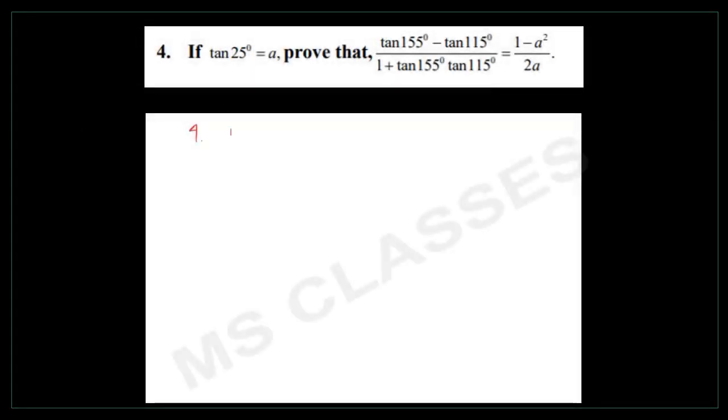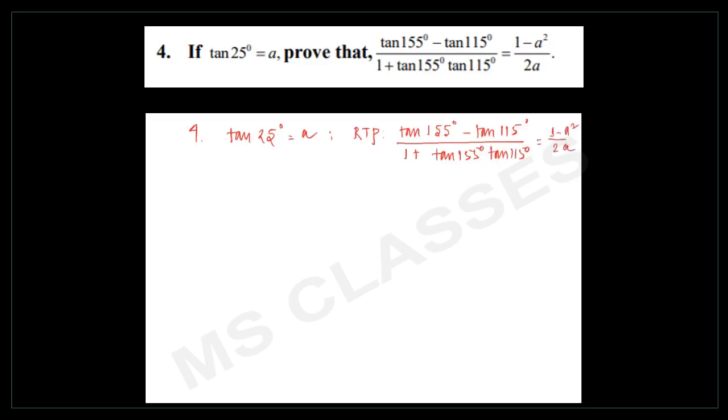It is given tan 25 degrees equal to a, and we have to prove that (tan 155 minus tan 115) divided by (1 plus tan 155 into tan 115) equals (1 minus a square) by 2.